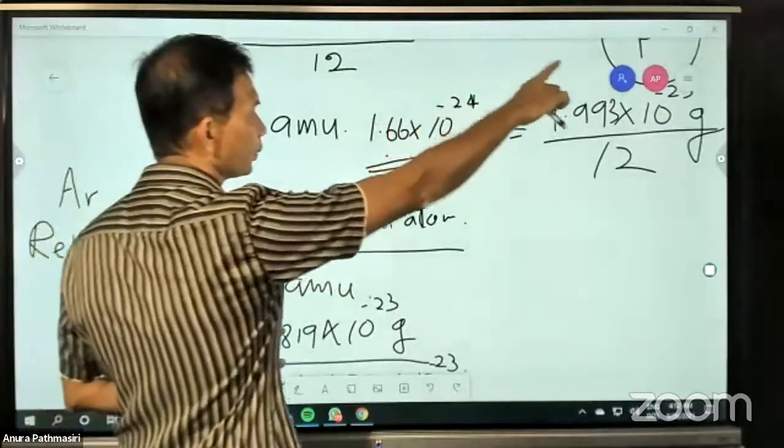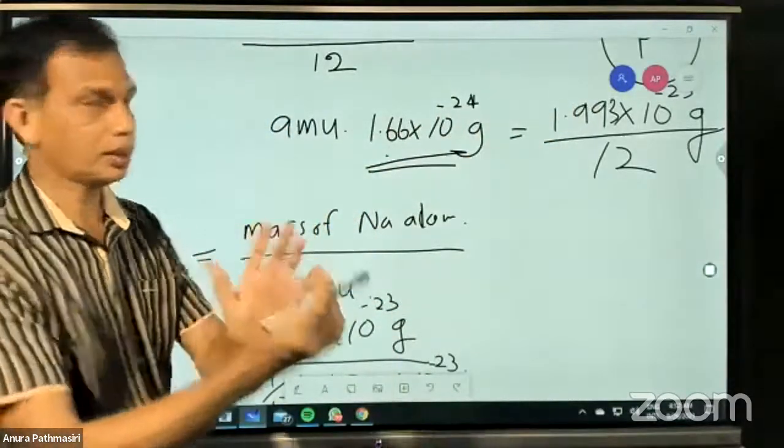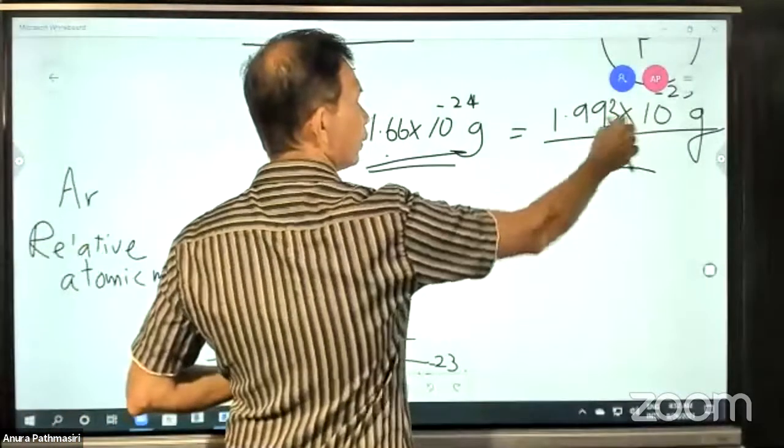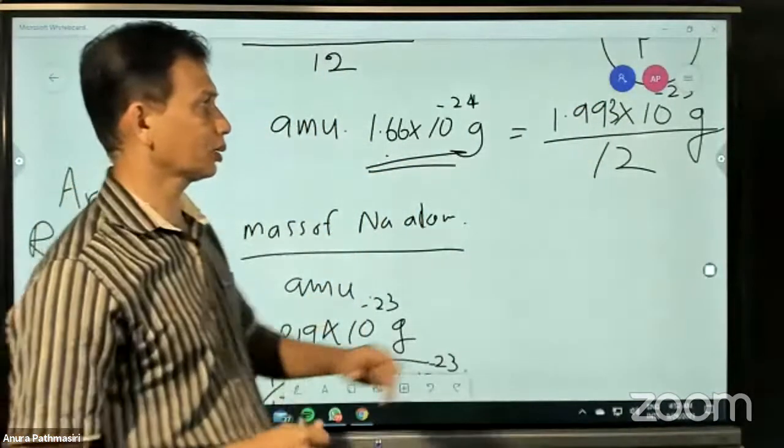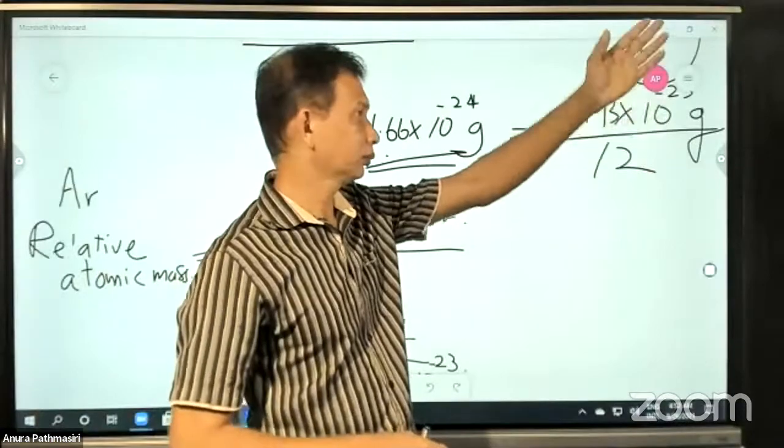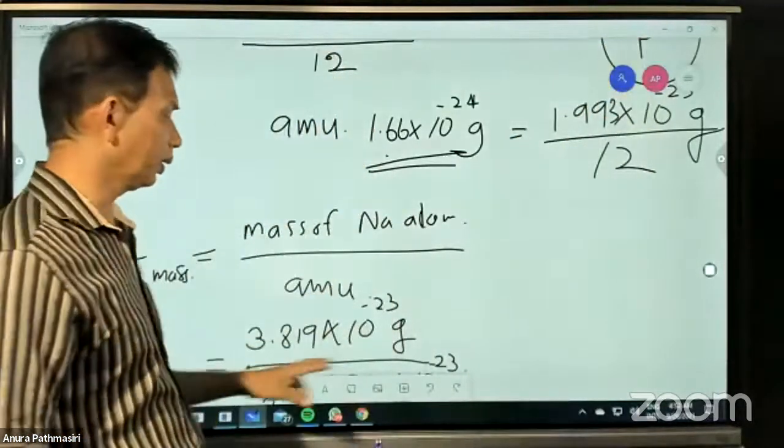1.66 times 10 to the power 23. Straight away you can write it over there, or you can write this: mass of one carbon atom, C-12 isotope, divided by 12.